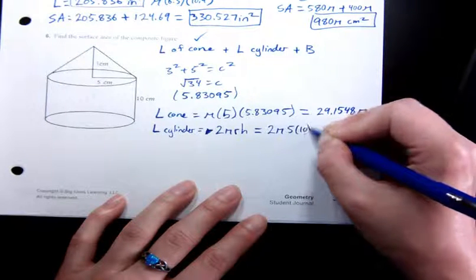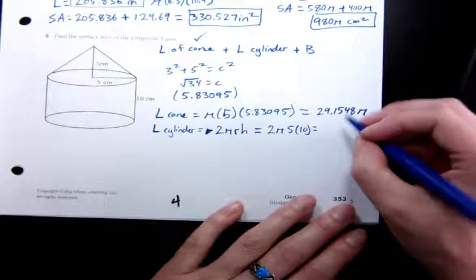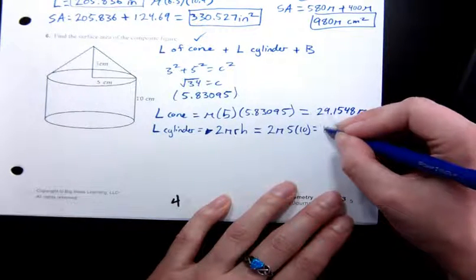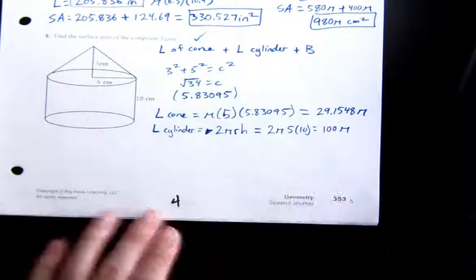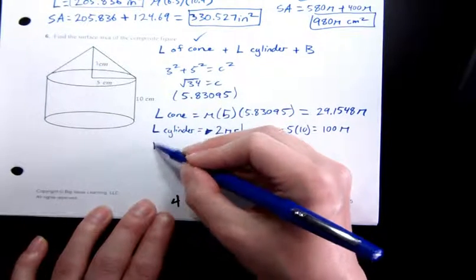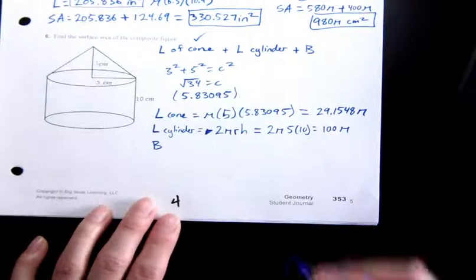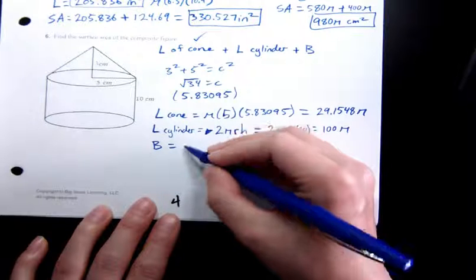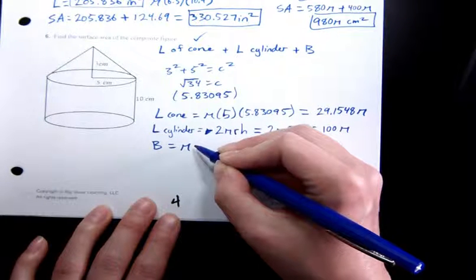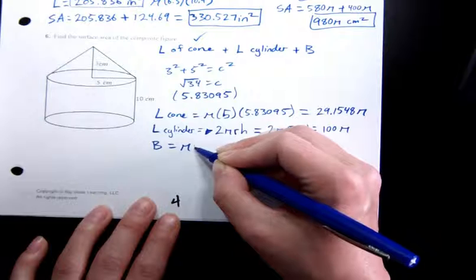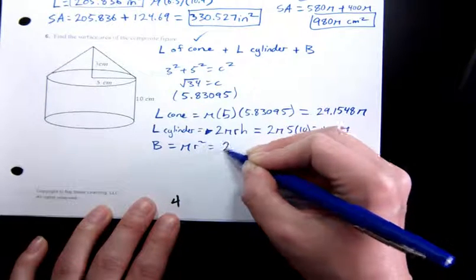Can y'all mental math that one? 50 pi, 100 pi. Yeah, mental math. And then how about the area of the base? Pi r squared, so pi r squared is 25 pi, right?